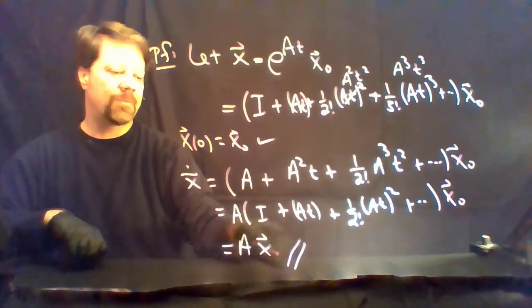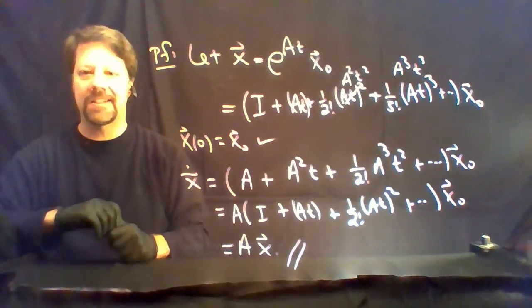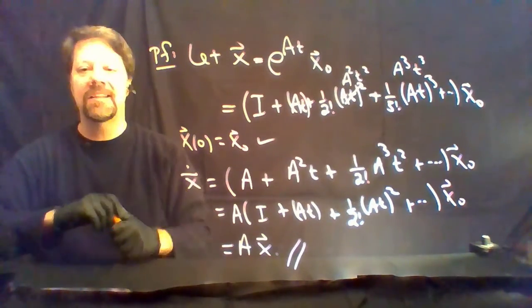And that's the end of the proof, because that shows that it satisfies the differential equation as well as the initial condition. We'll end up having to discuss a lot more linear algebra than we need or want at this level if we pursue the idea of solving linear systems, homogeneous linear systems, using matrix exponentials. So we're going to try something else.